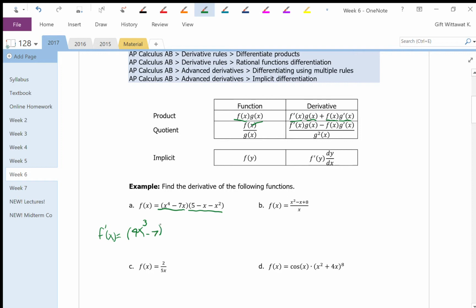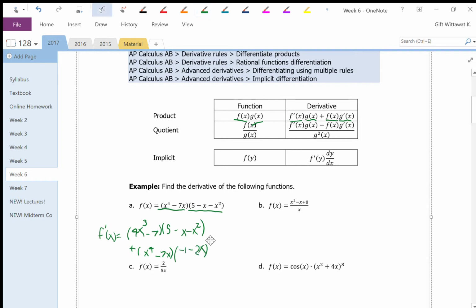Times the second term as is, 5 minus x squared. So my second term stays the same, plus the first term stays the same, x to the fourth minus 7x, times the derivative of the second term, which is negative 1 minus 2x.